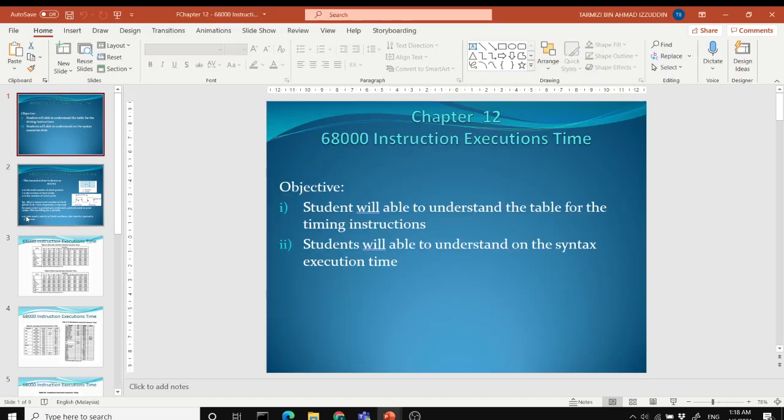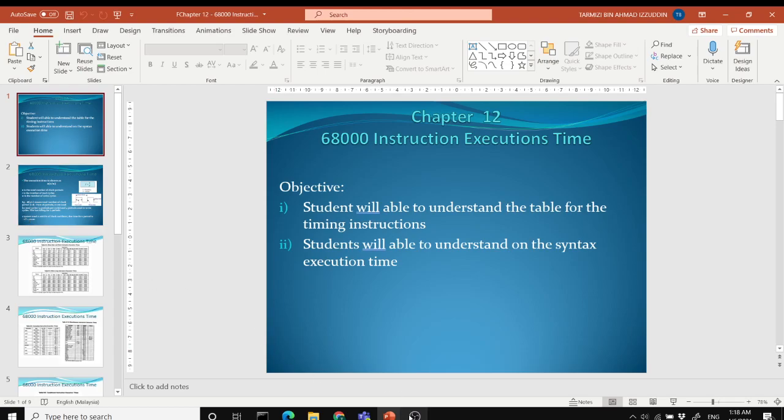We're going to continue with the second part of this lecture on 68K instruction execution time. The objective is for you to be able to understand the timing instruction and the syntax execution time.